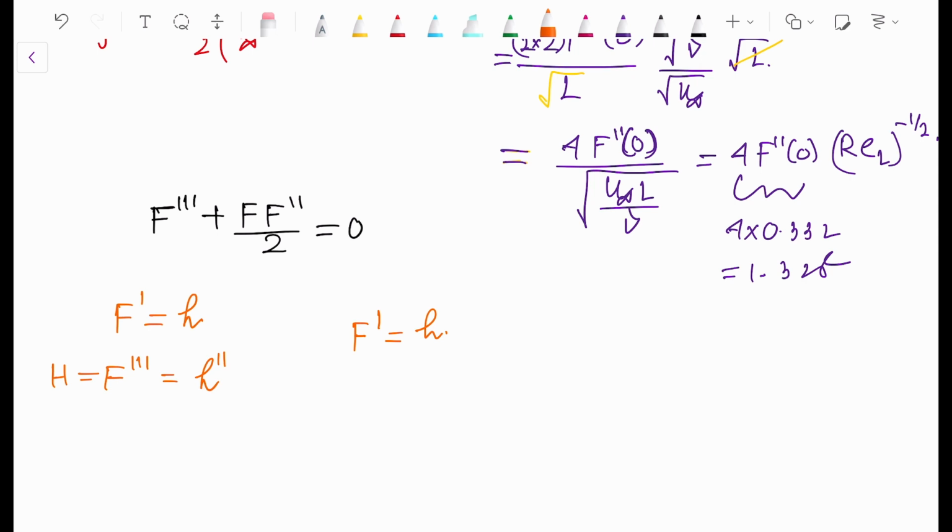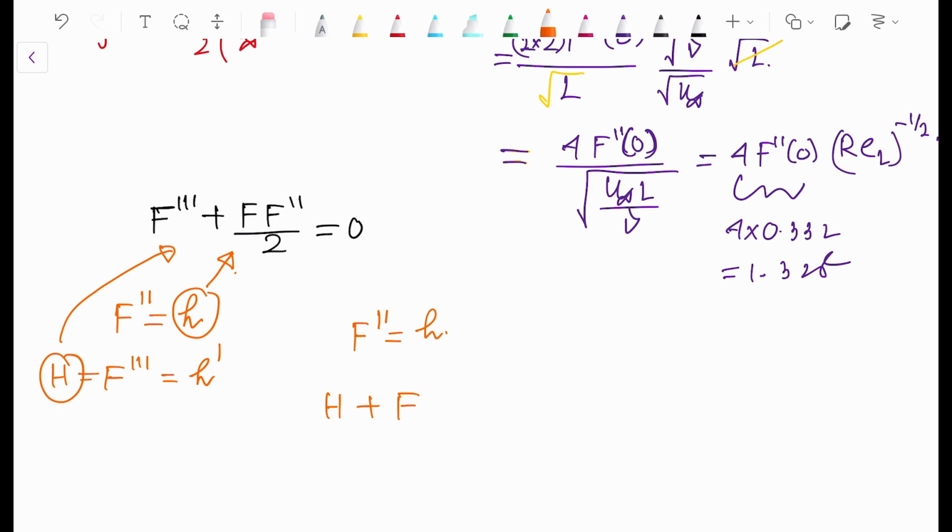Or rather, I can do f double dash equal to h and f triple dash equal to h dash, that is equal to capital H. So I can put this capital H and this h into this equation, then I will have h plus f, right?